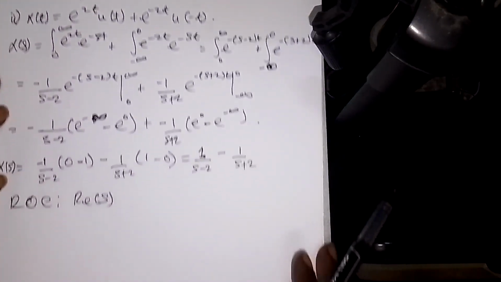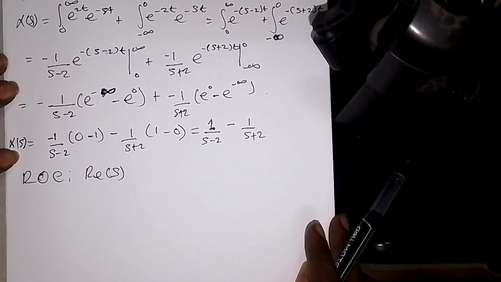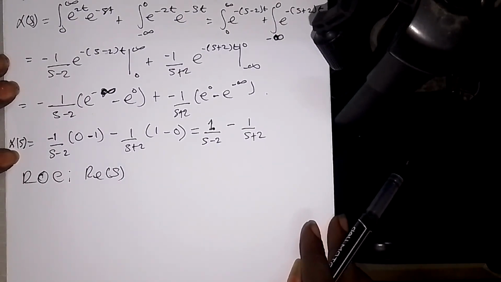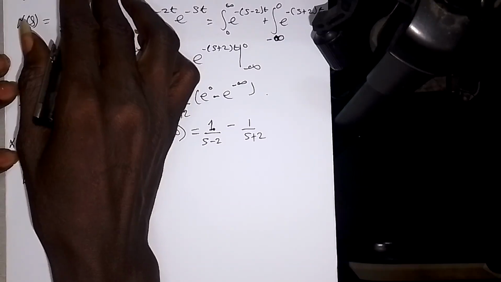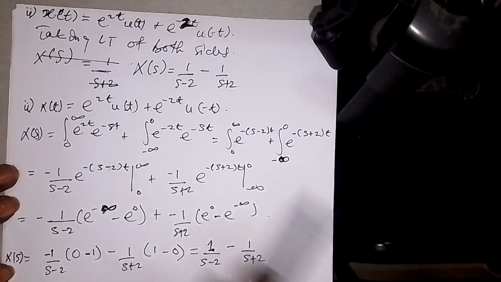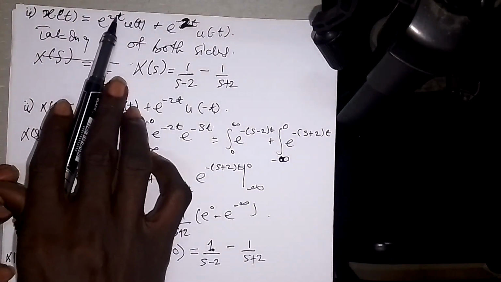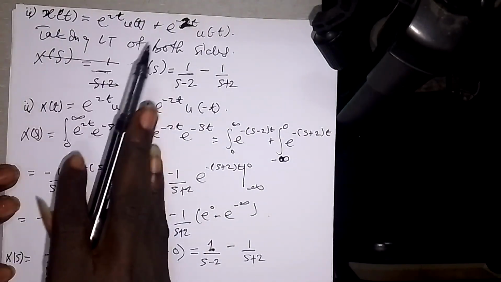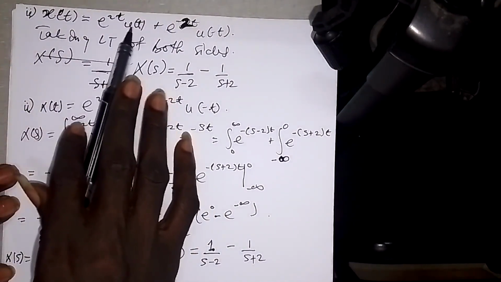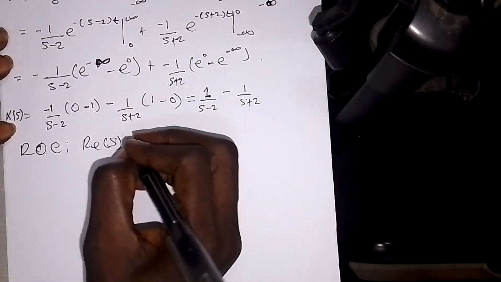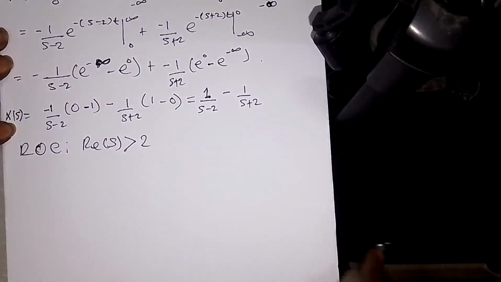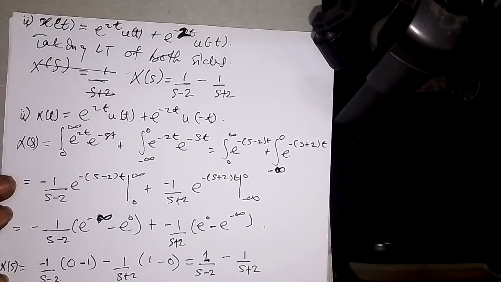So if the real of s is greater than 0, then here I'm going to have real of s greater than 2, because the real of s is in the positive x-axis from this unit step function. Then I'll come to this particular place.